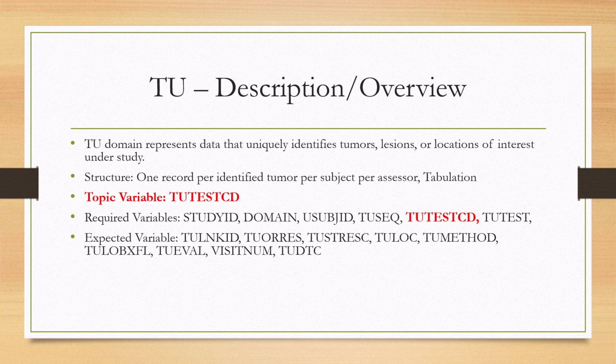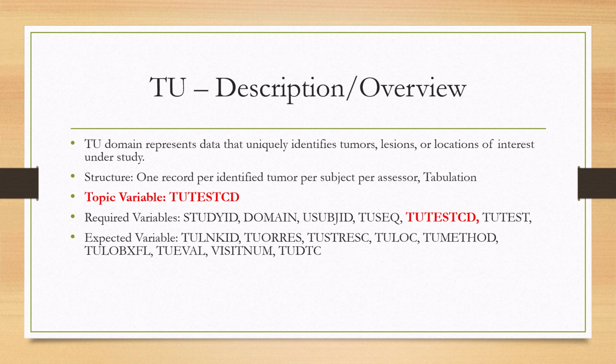There are expected variables such as TULINKID, which is the value where you capture the unique tumor ID. Then the TUORRES, the original result, and the TUSTRESC, the standard result. Then we have the location and the method by which the tumor was identified. Then we have the last observation before exposure flag.